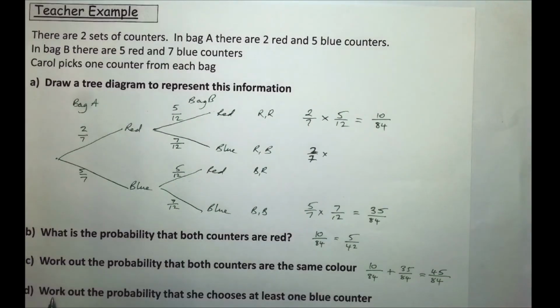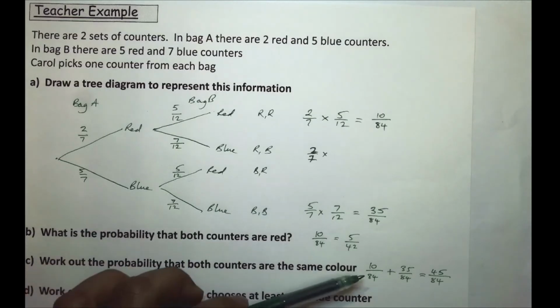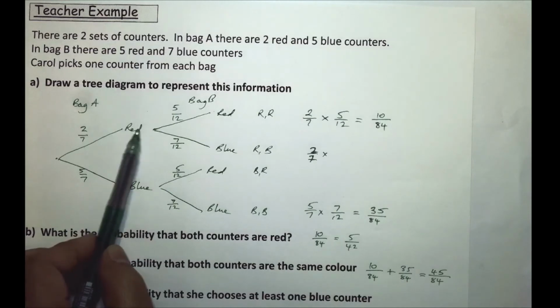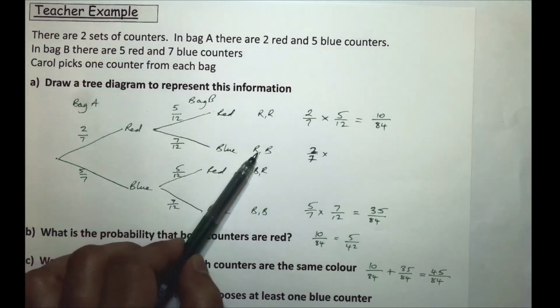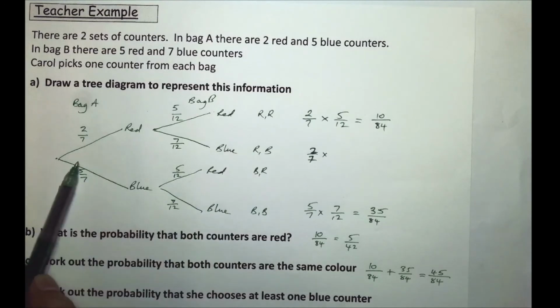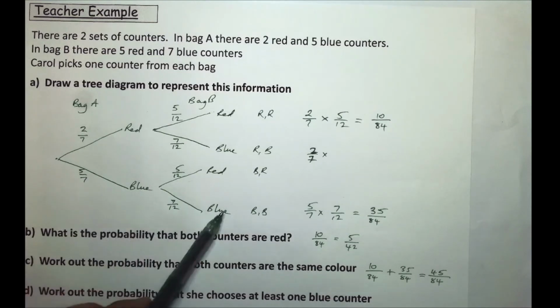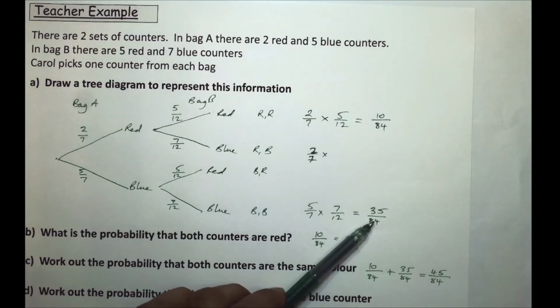So for the last part of this question, I can work out the probability that she chooses at least one blue counter. So at least one blue could be having red from the first bag and blue from the second bag, so red, blue, or blue and red, or that also includes having both of them blue as well. We've already worked out the probability of both being blue.